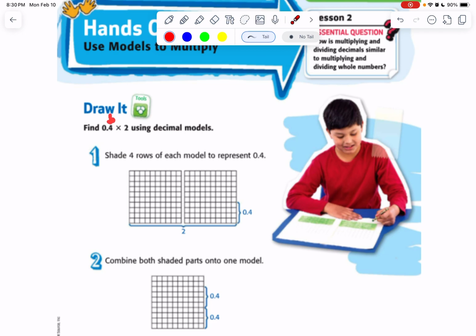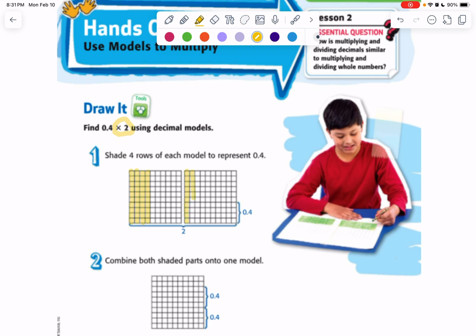So if we want to represent tenths, we need 4 of them. 1, 2, 3, 4. That would be 4 of the 10 tenths, all right? And this here says that we need 2 sets of that. So on our other one, we'll shade 4 more.